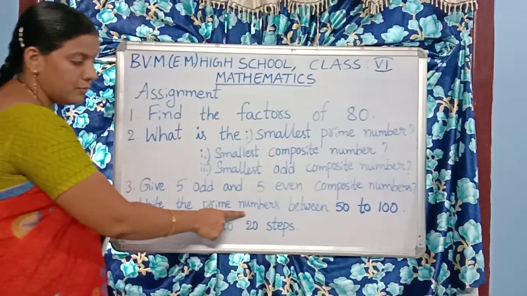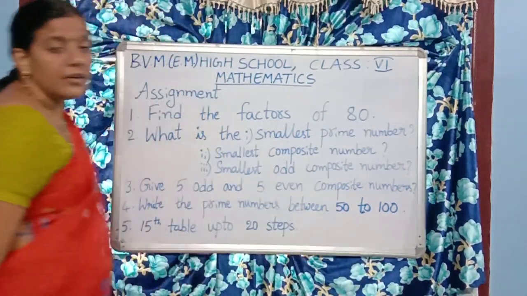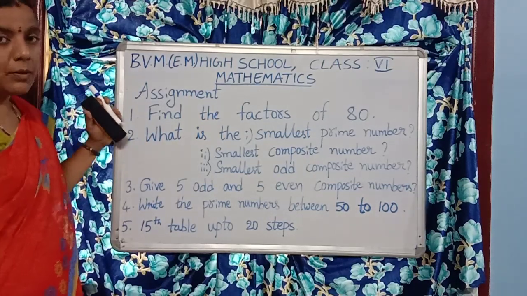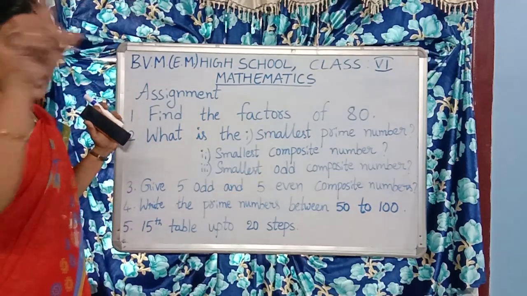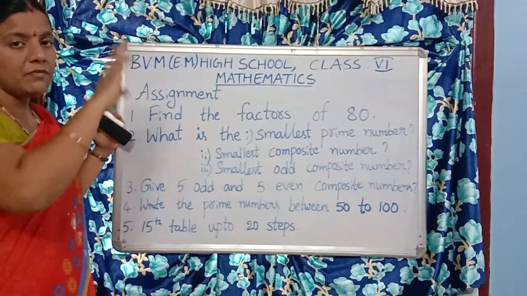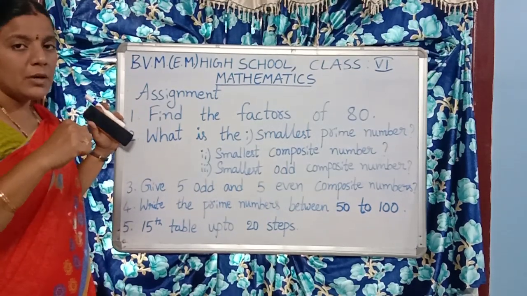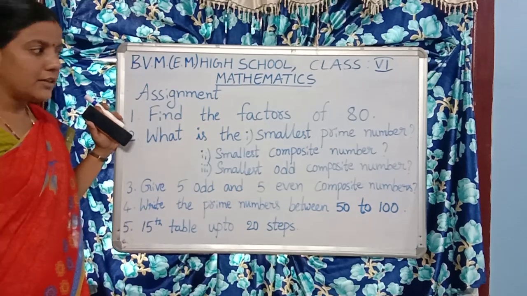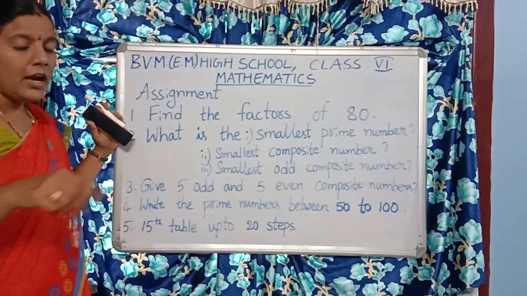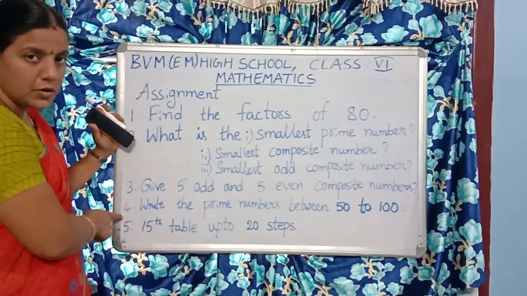Write the prime numbers between 50 to 100. You already know the method of Eratosthenes. Finding prime numbers very easily. Okay? Draw a table. Write the numbers from 50 to 100 and cross out the multiples of 2 and multiples of 3, multiples of 4, like that. Okay? Cross out them. And you can find the prime numbers very easily. All of you do it.